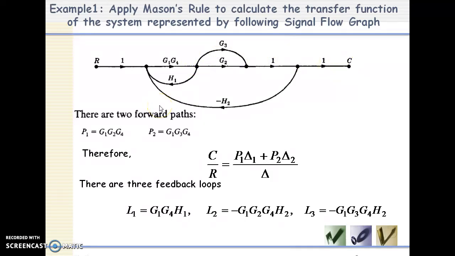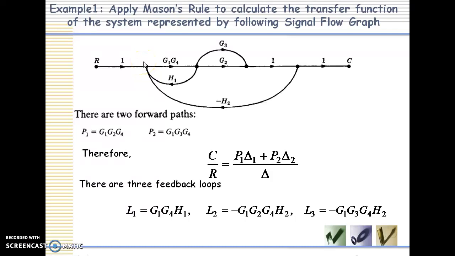So there are two forward paths, therefore n is equal to 2. The sigma i equal to 1 to 2 of Pi into delta i forms C by R equal to P1 delta 1 plus P2 delta 2 by delta. Now L1, L2 and L3 are the three individual loop gains. There are basically three loops here. The first loop has loop gain G1, G4 into H1.